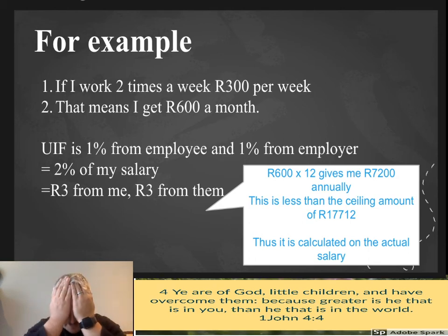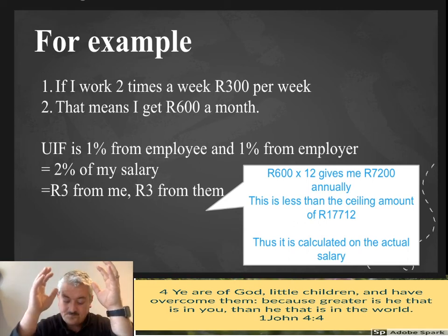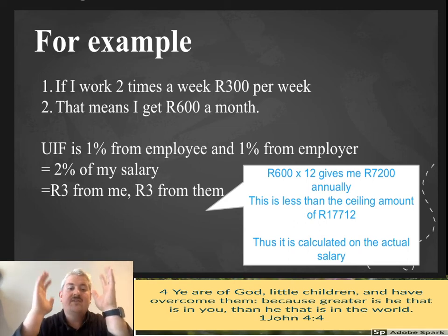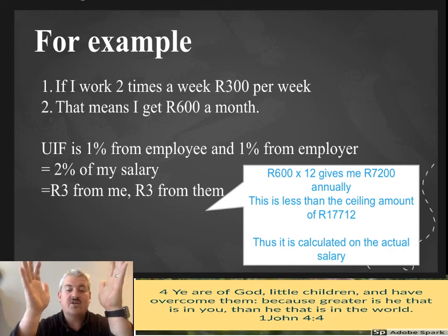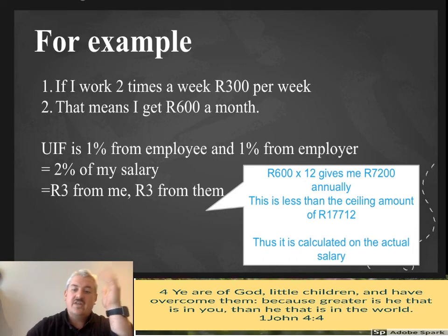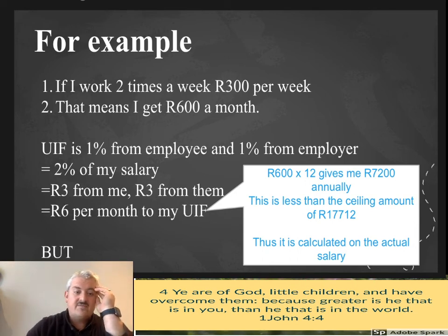As I said to you earlier, we need to remember that UIF is calculated from your gross salary. And we said that the ceiling is 17,712, so you can't go higher than that.